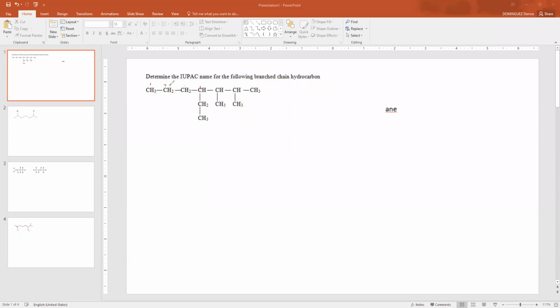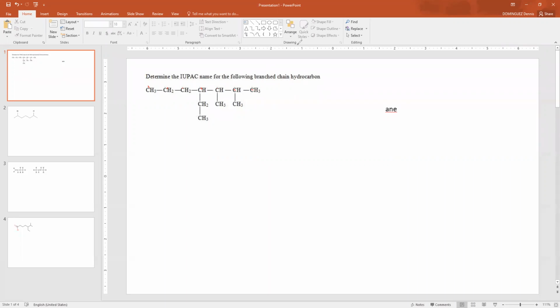So that's 6. Let's try another way. 1, 2, 3, 4, 5, 6, 7. So 7. So the number of chain of carbon would be 7.